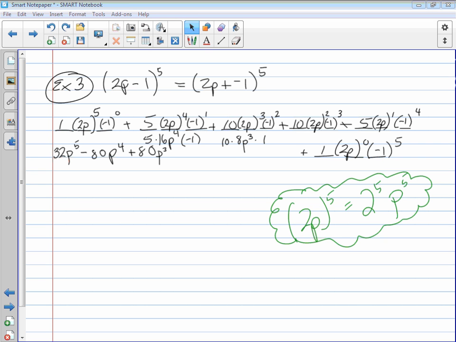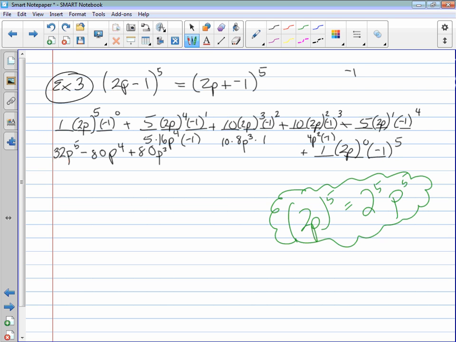Alright, let's just finish up the notes here. We ended up with 8 times positive 1 times 10 was 80. Over here, 2 squared is 4. So the p squared is p squared. Negative 1 cubed is going to actually be negative 1.